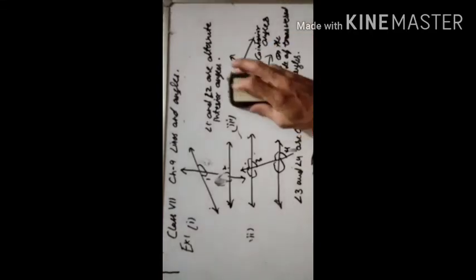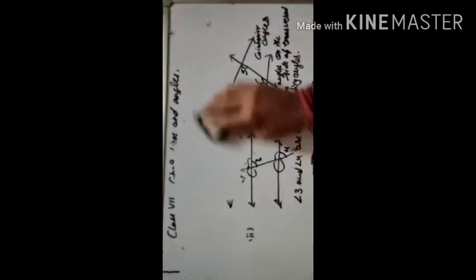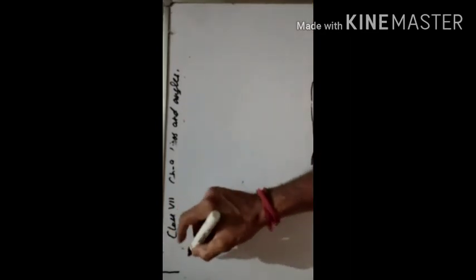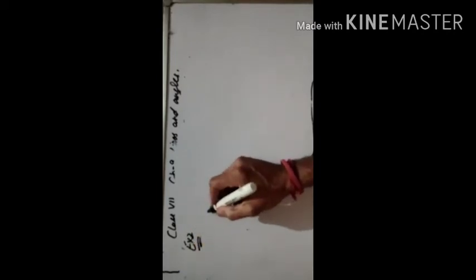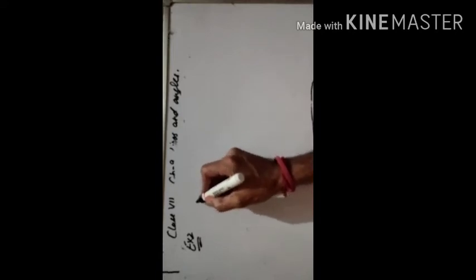Now next is example 2. Example 2 is: in each of the following figures, lines L and M are parallel, find the value of x.